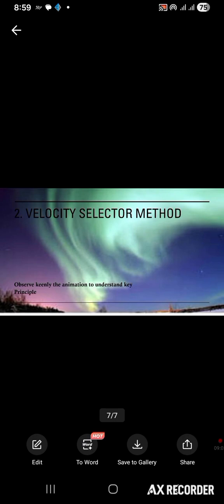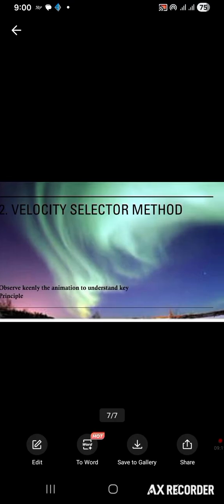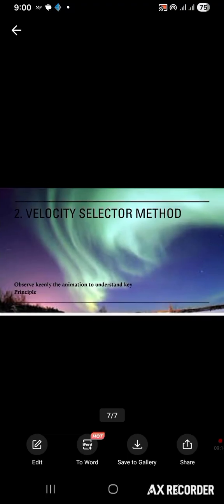Right? You have to use this principle. As you can see on the slide, you will first see an animation I have prepared. By understanding that animation, it will be easy for you to apprehend the new concepts which are related to the velocity selector method.